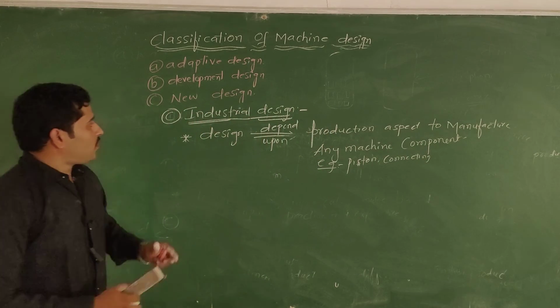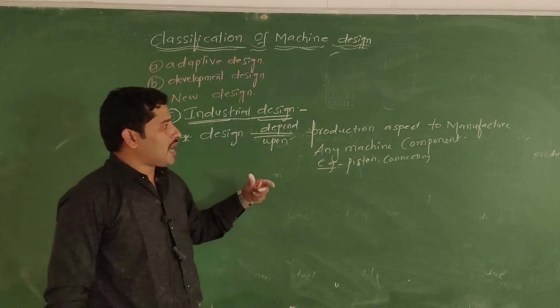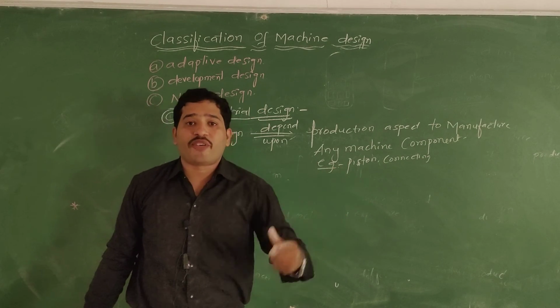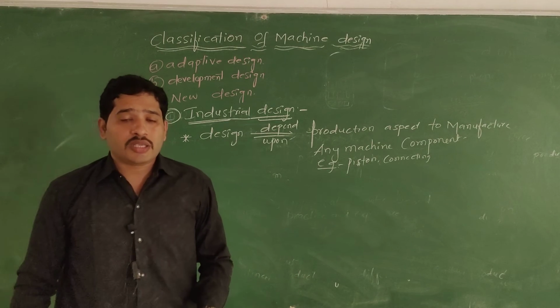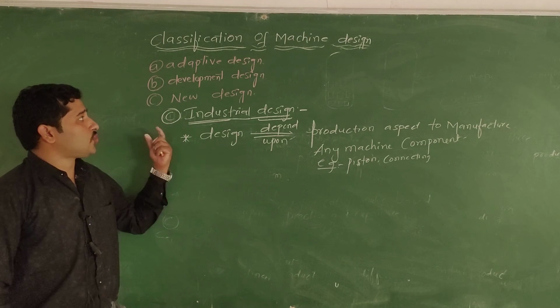In the industrial design, the design is completely dependent upon the production aspect to manufacture any machine component. Is it right? Such type of design we call industrial design.